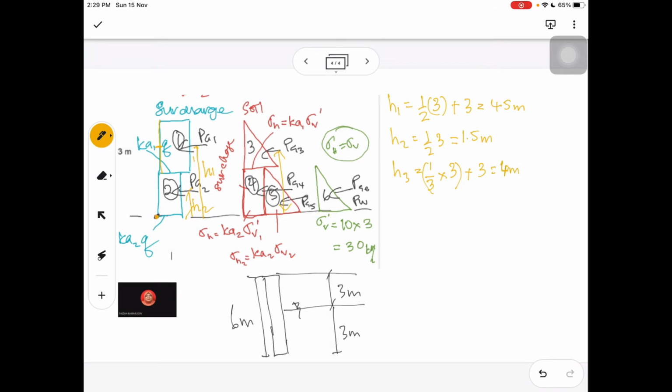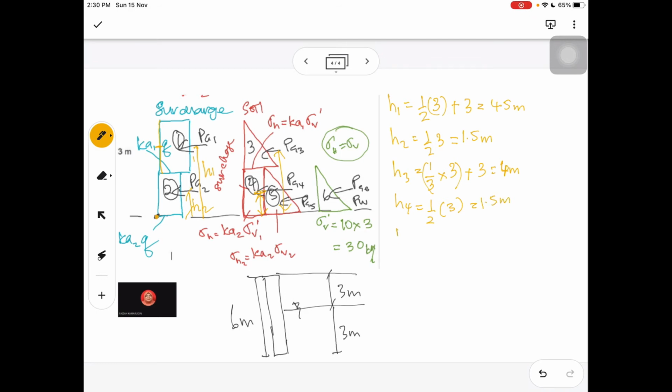And then H4, this one, the height for PA4 for this rectangular number 4. So H4 is half of the height, 3 meter, which equals 1.5 meter.